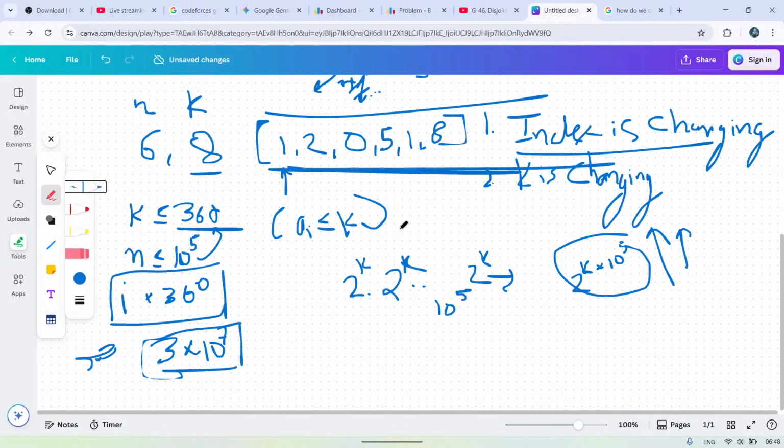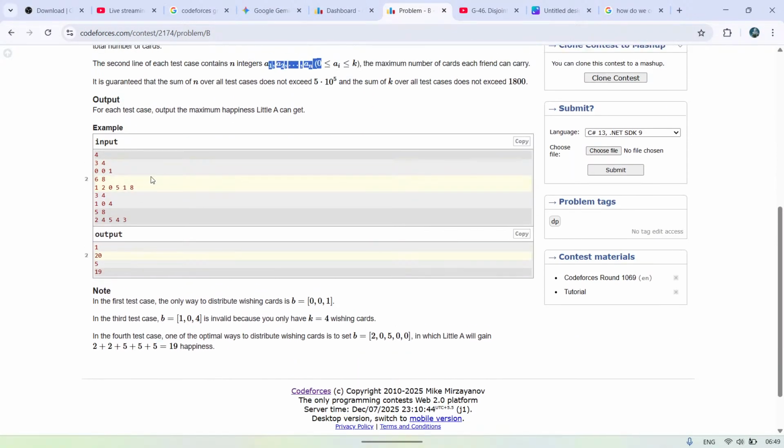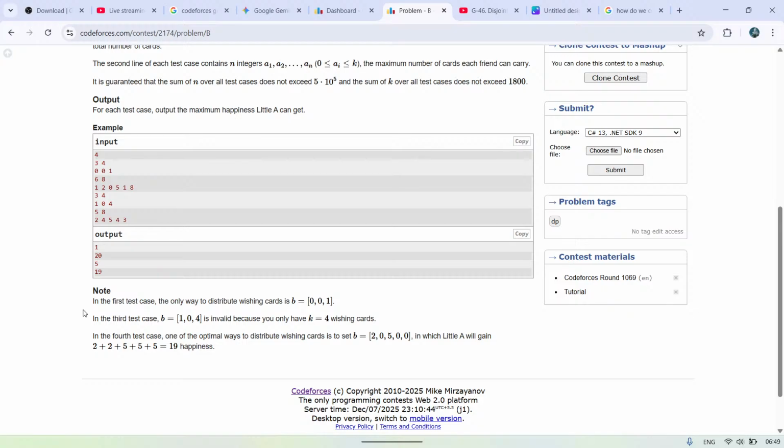Okay, let's identify what we can do here. We have to maximize the gains. In the third test case, they have given 5 as the answer. So the total number is 4, and they have given 1, 2, 3, 8, 1, 1, and wait, what?